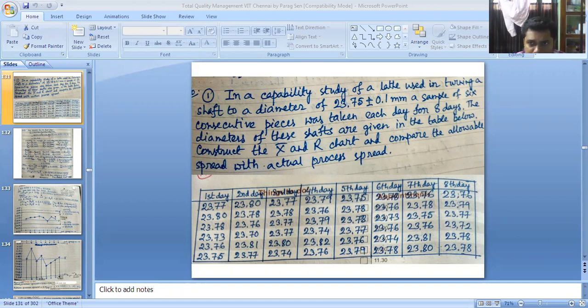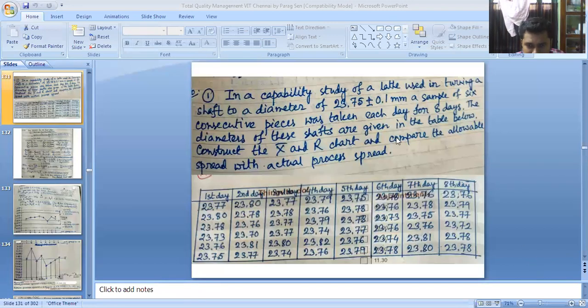I have previously given the example of capability study of a lathe machine. So one student has asked a very interesting question: here we have taken column wise the values of different days we have considered.